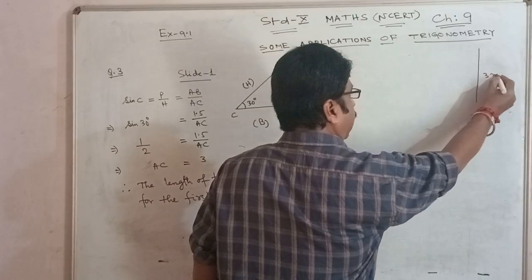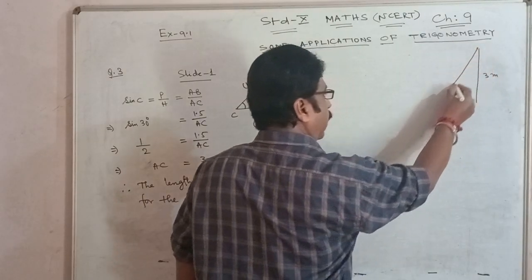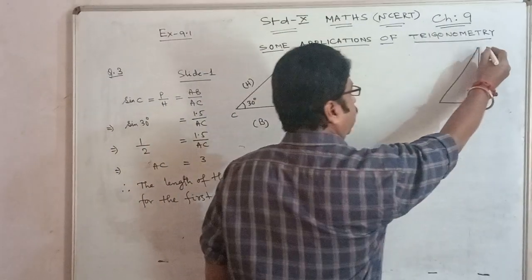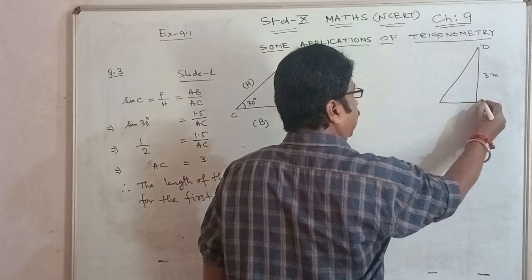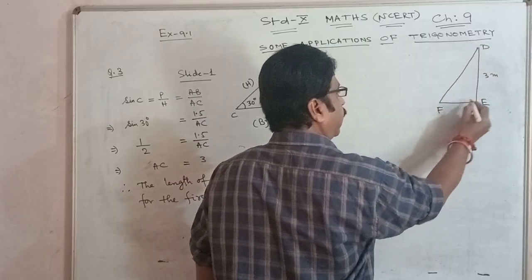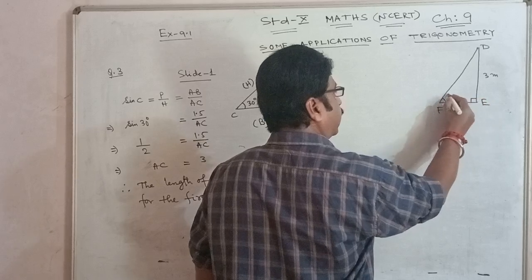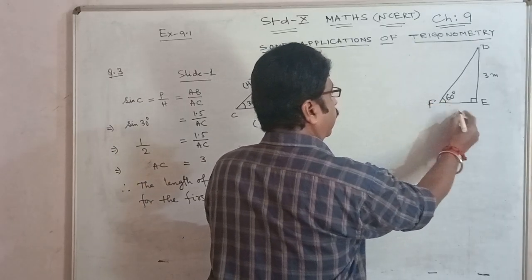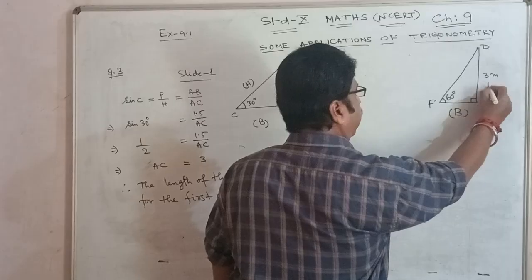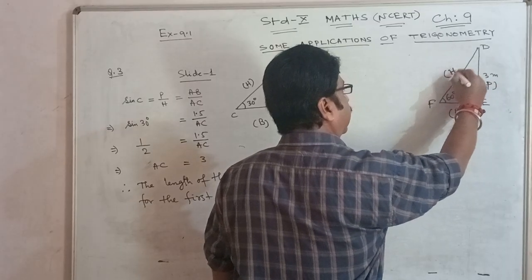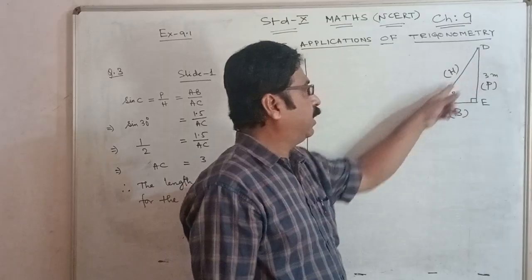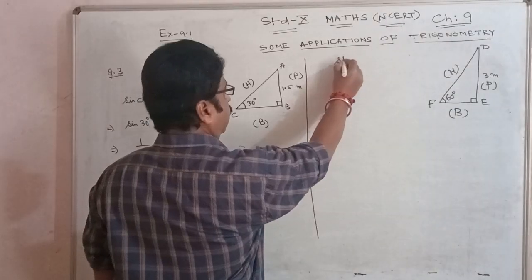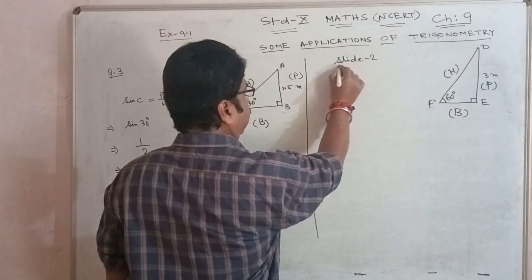Three meter, suppose it is D, E, F, 90 degree, it is 60 degree, base, perpendicular, hypotenuse. DF is the slide 2.